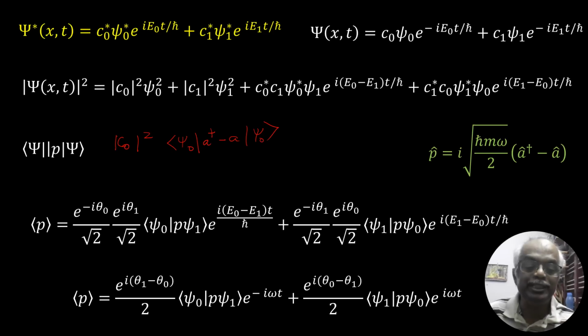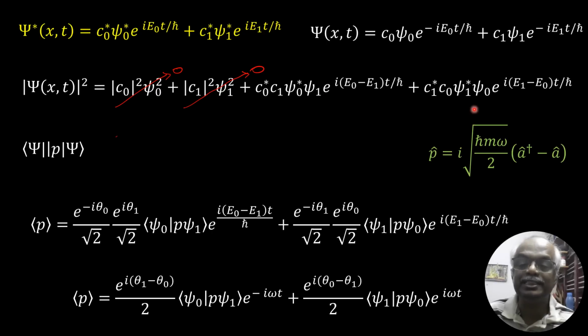So whatever the case, the first one will become 0, and by a similar argument, this also will become 0. Now the remaining terms are the second and third. You can substitute p equal to i√(ħmω/2)(a† − a). We will come to it later. First, you take the first term.